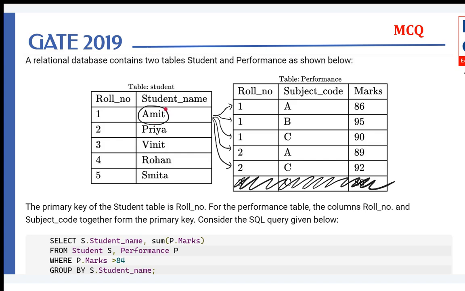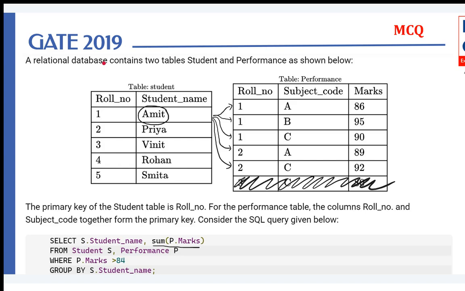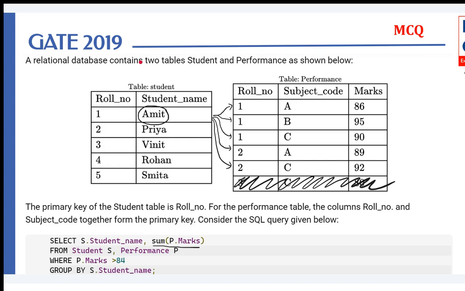marks. So typically what would happen here is roll number will be 1, student name will be Amit, the roll number will be 1 from the performance table.